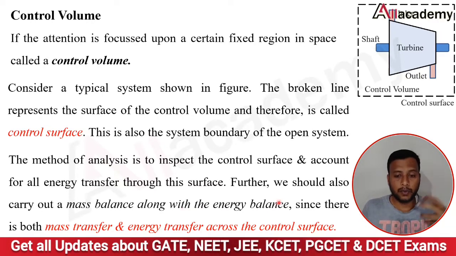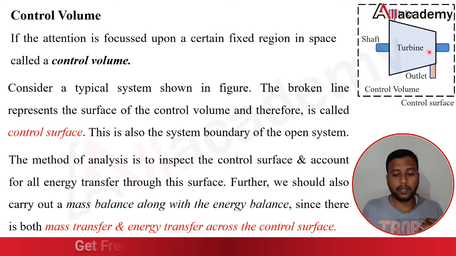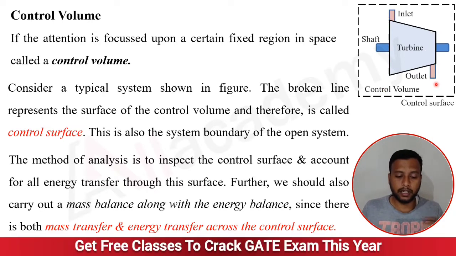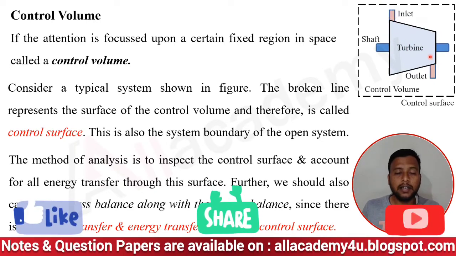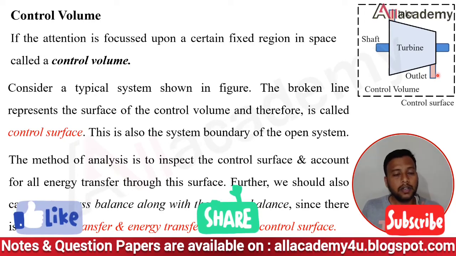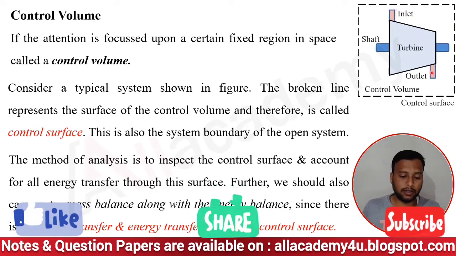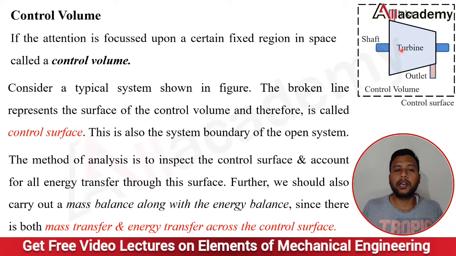Whatever quantity of gas enters the turbine will come out, so there is a transfer of mass. Whatever energy input is coming, some work is done, and the leftover energy is taken out, so that has to be balanced. So this is how I need to analyze the control volume. This is what the control volume is.